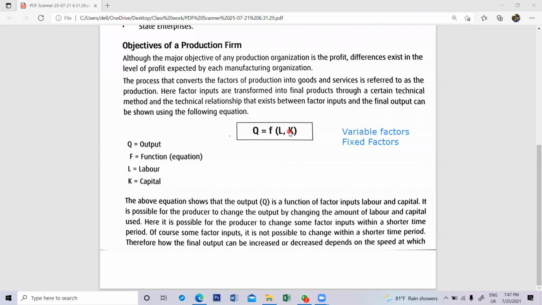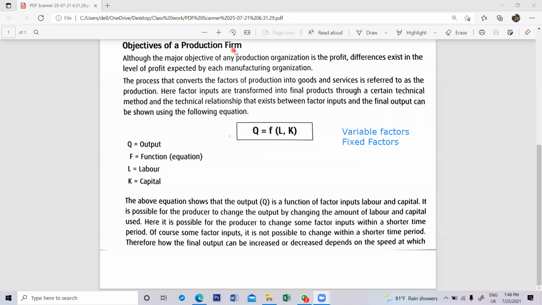If labor and capital are less, the left side of the equation, quantity, is even less. Likewise, this is the way of recognizing the production function of a business, as well as the objective of a production firm.